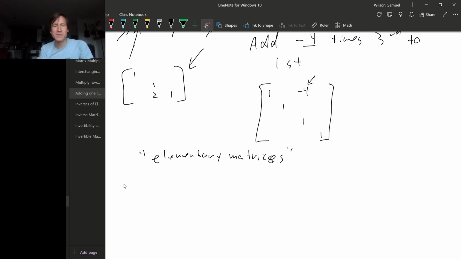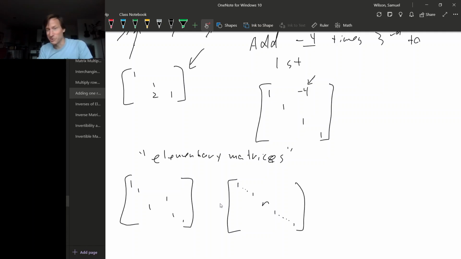And they sort of come in 3 flavors. They're all square, but there's the row swapping flavor, which looks like this. There's the matrix that multiplies a row by a scalar, which looks like this, and which row gets multiplied by the scalar depends on what position that scalar is in.